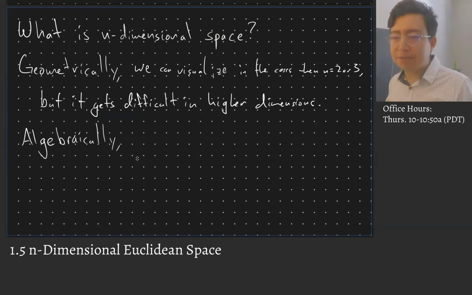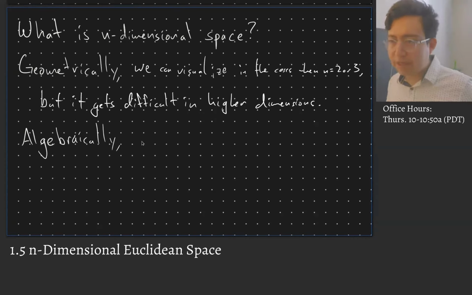But I think where the magic really comes in is in algebraically understanding these, because algebraically, when we looked at 2 and 3-dimensional space, all we were looking at was the collection of 2-dimensional vectors or 3-dimensional vectors, respectively. Algebraically, we can just change the number of coordinates we have, and that changes the dimension of the vectors.